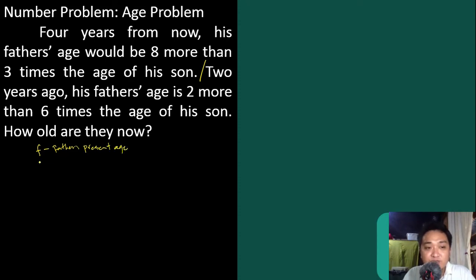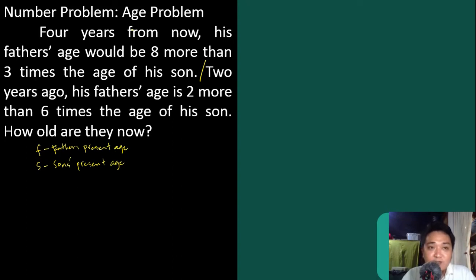And then let us assume that S is the son's present age, yung edad niya ngayon. Kasi yung unknown, yun yung hinahanap. Ayan.